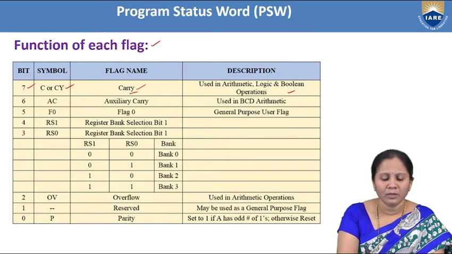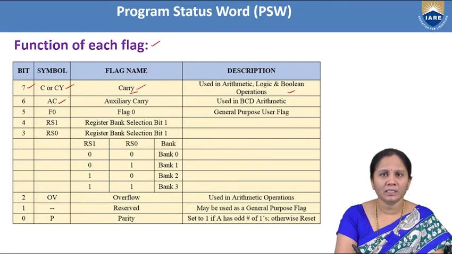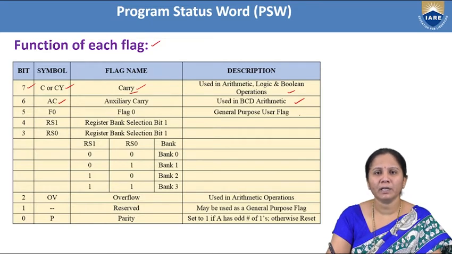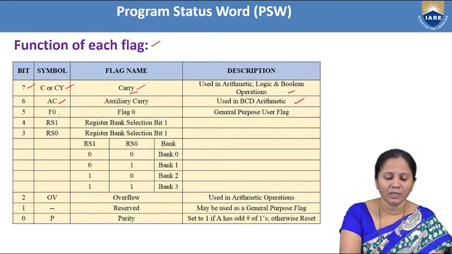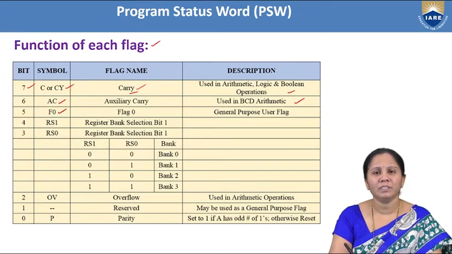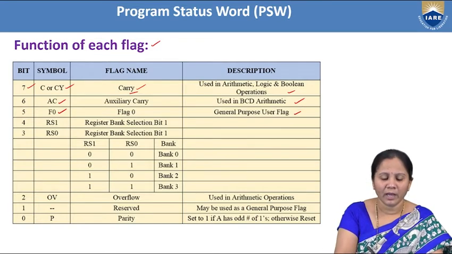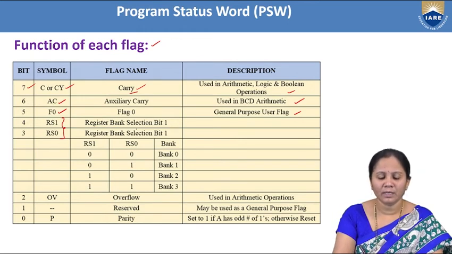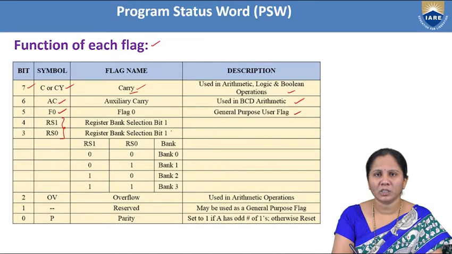The next flag is AC, which represents the auxiliary carry flag, and generally it will be set during BCD arithmetic operations. The next flag is F0, which is flag 0, and it can also be called the general purpose user flag. The next 2 bits are RS0 and RS1, which are called register selection bits.